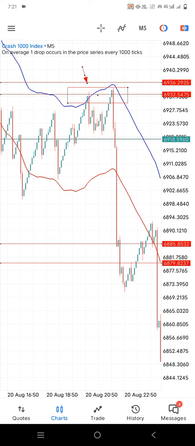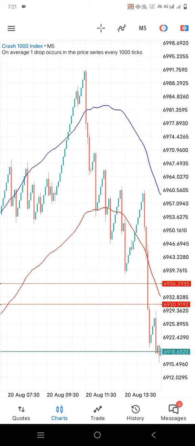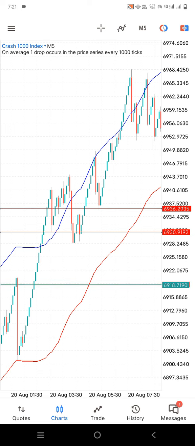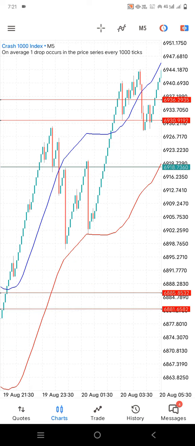It's very easy, very simple, very powerful, based on support and resistance, based on the involve. This is the best strategy. Look here guys, a lot of trades you can pick with this. Many times maybe your stop loss will hit, but at least you will win more trades.